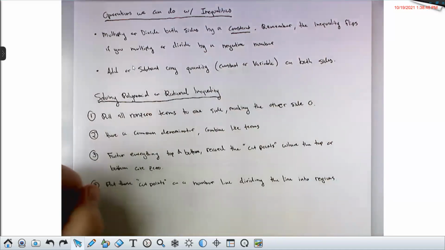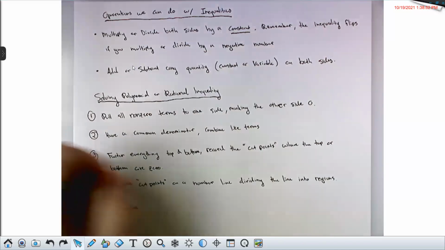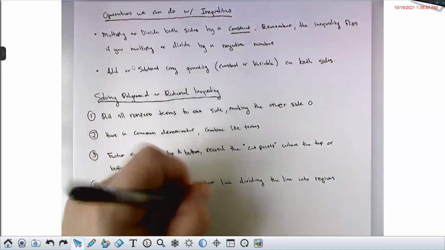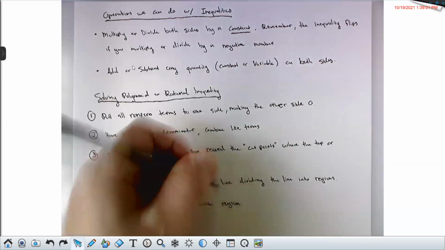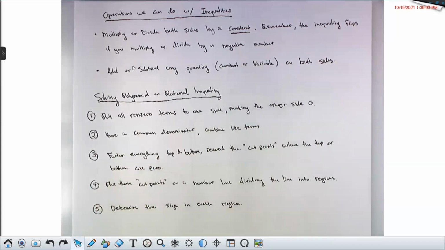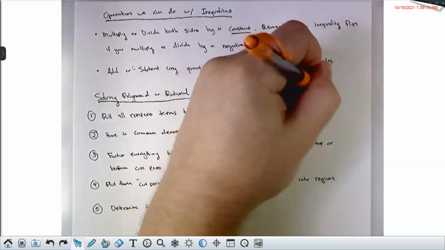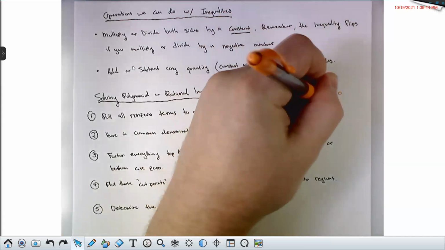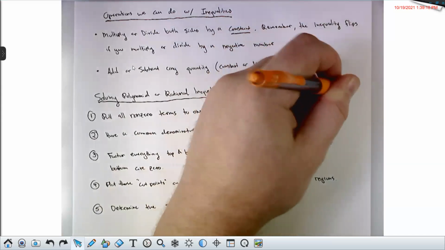And then finally, you will determine a sign in each region. So because your first step was to pull everything to one side, the inequality you're trying to solve is going to look like some rational function is greater than 0, or some rational function is less than or equal to 0, something like this.